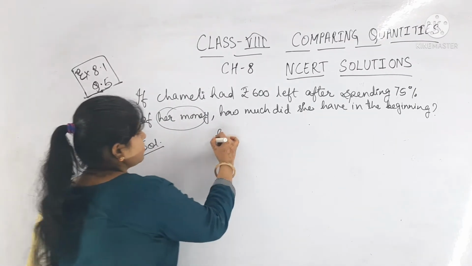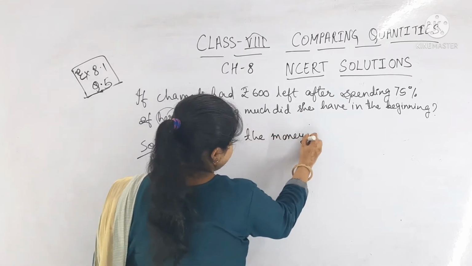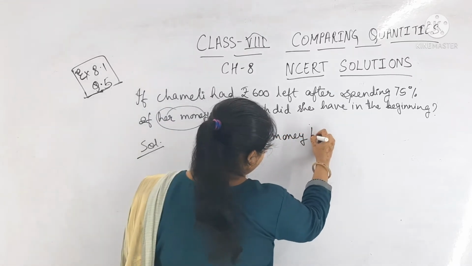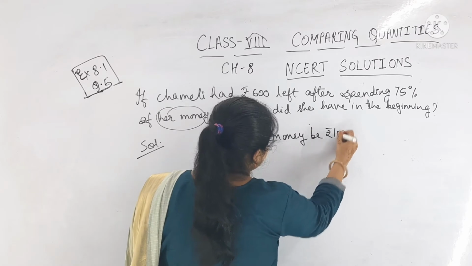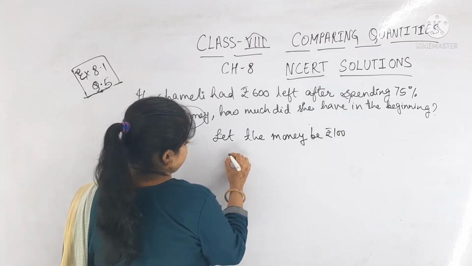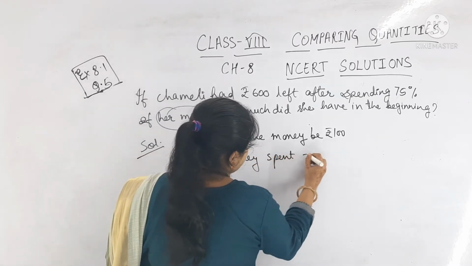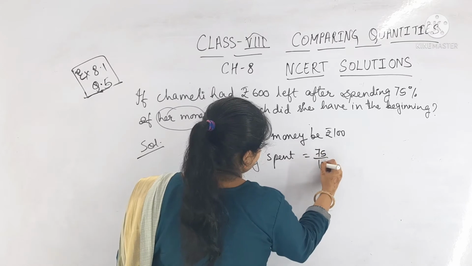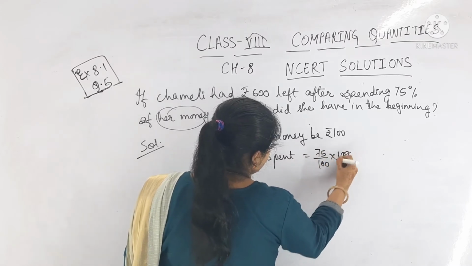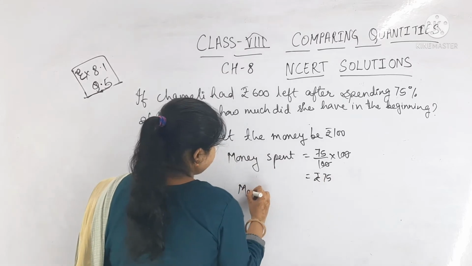Okay students, here you have to assume the money to be rupees 100. Then the money spent should be 75% of rupees 100, that is rupees 75. So how much is left?